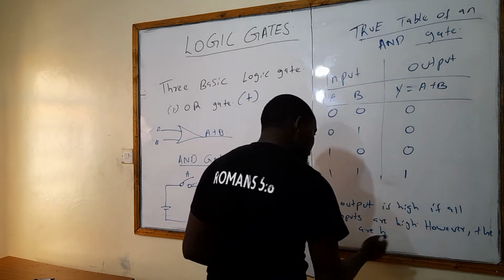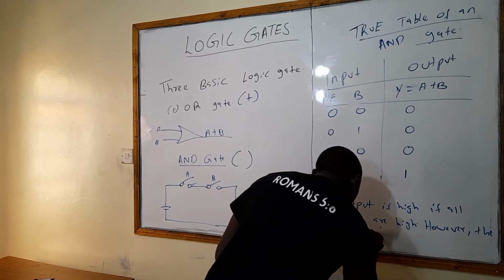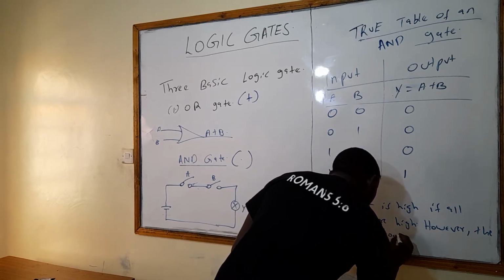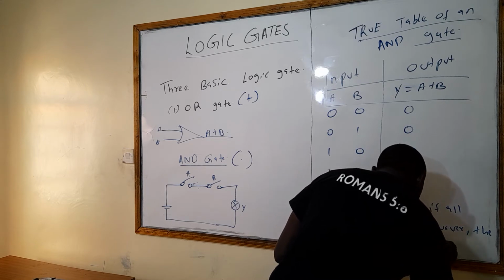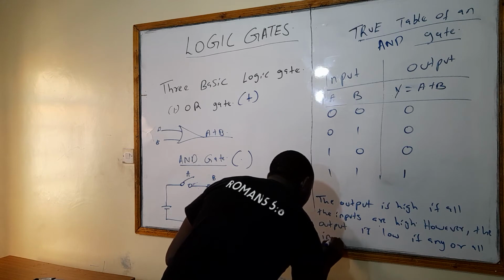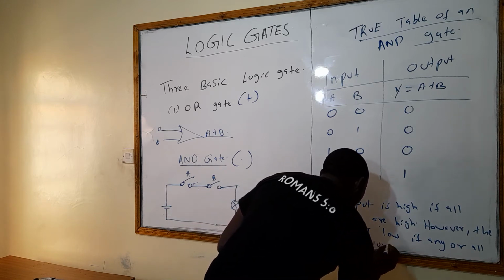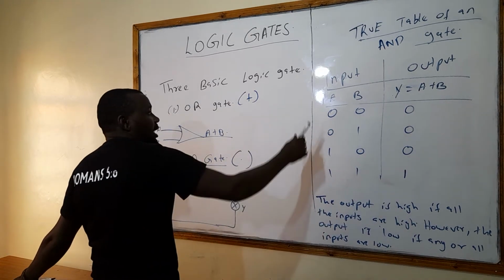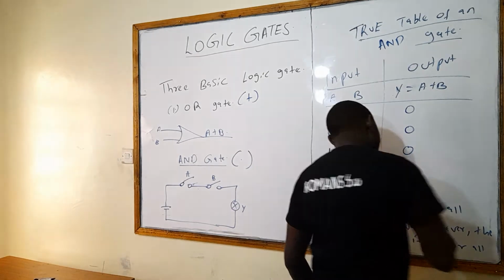However, the output is low if any or all inputs are low. So, in an AND gate, the output is high, and high means 1.